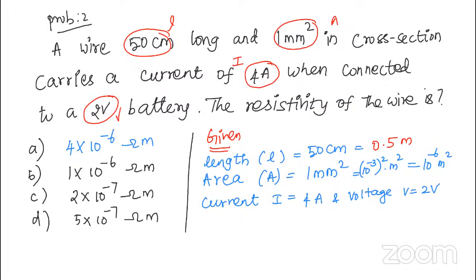So in the options irundhu, we can choose the correct options. Okay. So resistivity kku nammalukku formulas theriyum. Resistivity formula la irundhu nammalukku ennenna requirements venumo adhoda values substitute pannittu formula find pannanum.